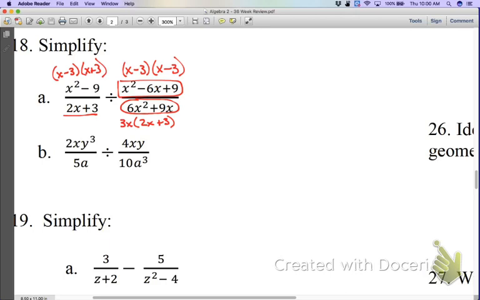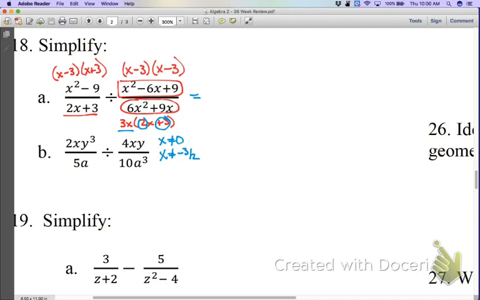Now I have to know what x can't be. So to start, as far as my restrictions are concerned, x can't be 0, because of the 3x. And then it cannot be negative 3 halves, because it's the opposite of the back divided by the front. So now I'm just going to do keep, change, flip.